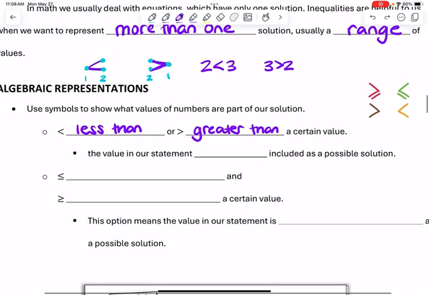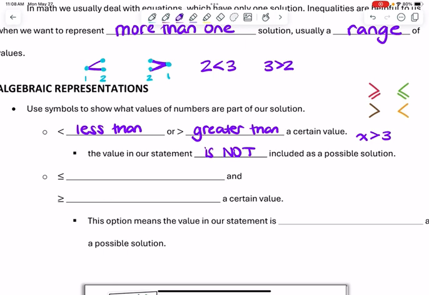Now in both of these symbols, less than or greater than, the number that we use is not included as a possible solution. So if I have x is greater than 3, yes, 4 is a possible value for x, 5 is a possible value for x, 28 is a possible value for x, 3.1 is a possible value for x.